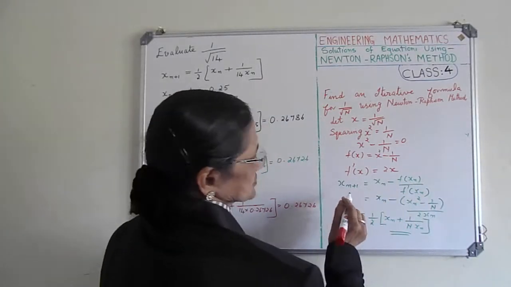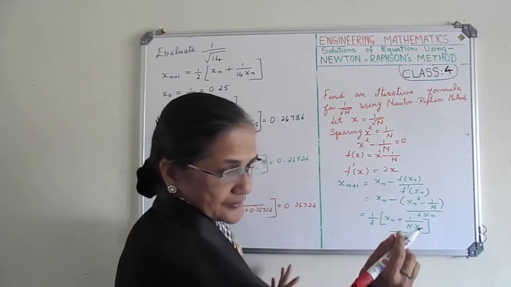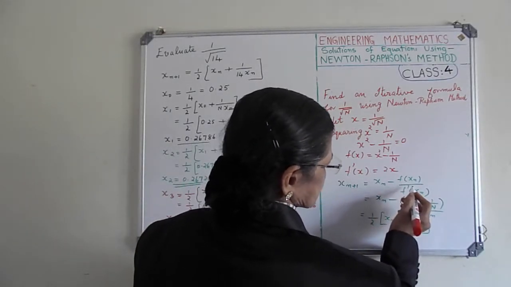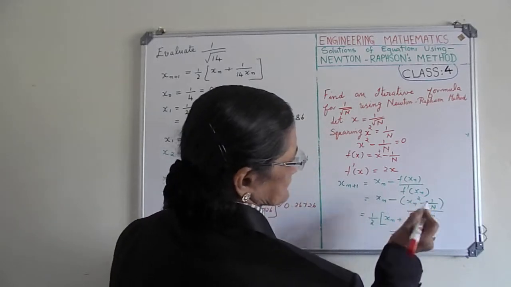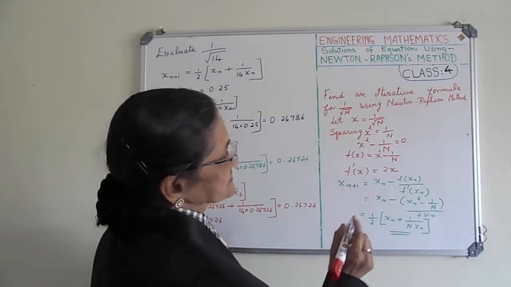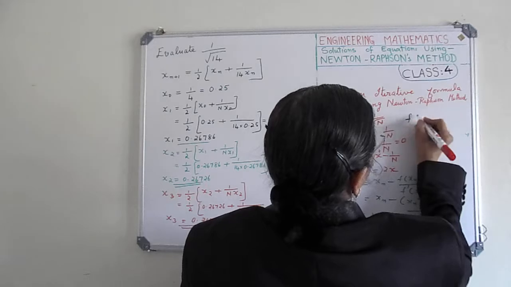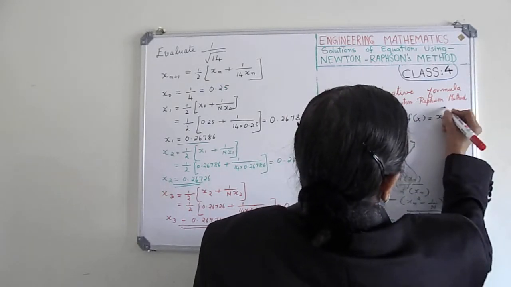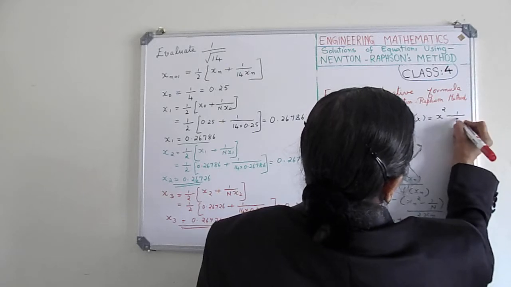Now what is the Newton-Raphson's iterative formula? x(n+1) is equal to xn minus f of xn upon f dash xn. What is our f of xn? First of all, we write f of x: f of x is equal to x square minus 1 upon n.